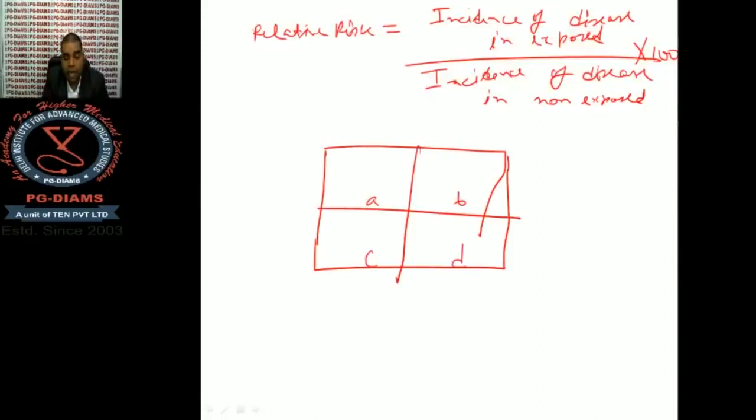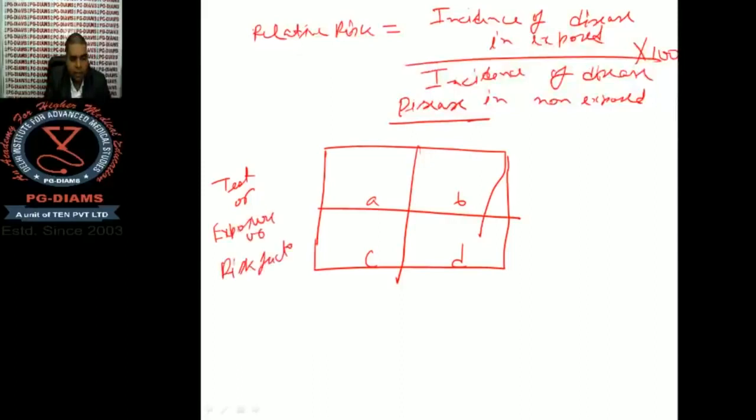But before writing A, B, C, D, you have to be very sure about one thing: the disease has to be present on the uppermost side, and the test or exposure or risk factor is to be written at the left hand side.